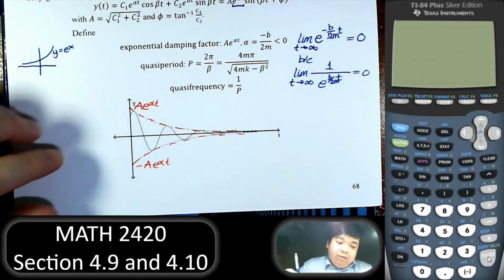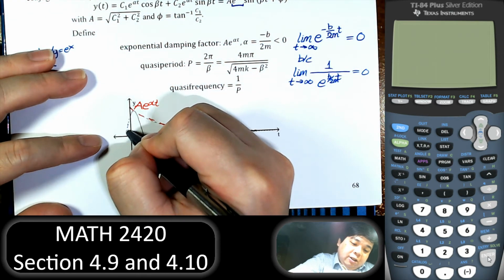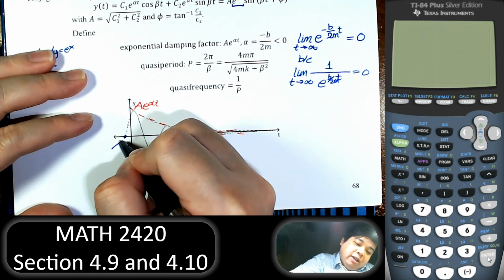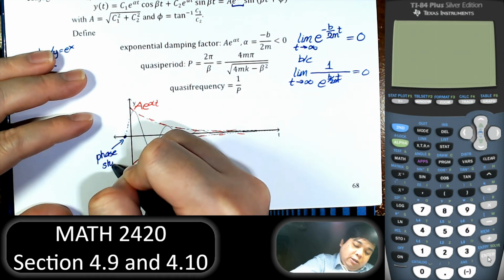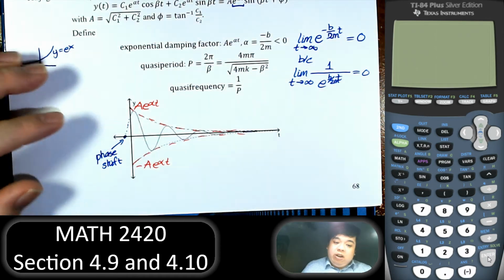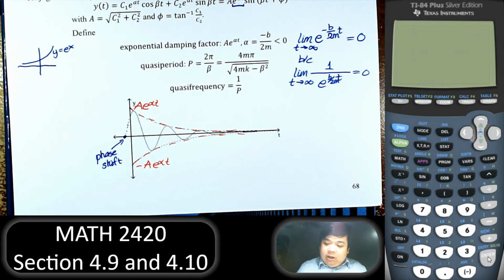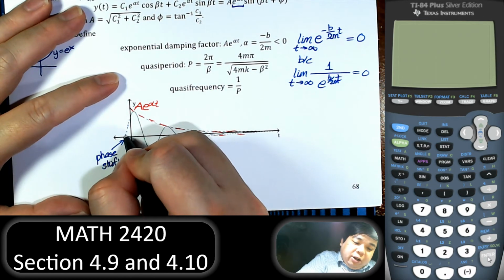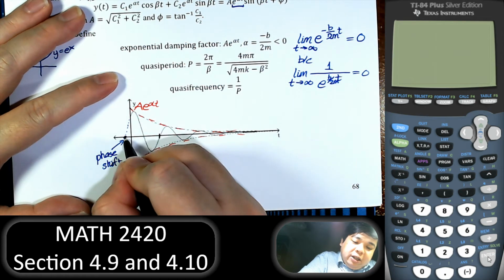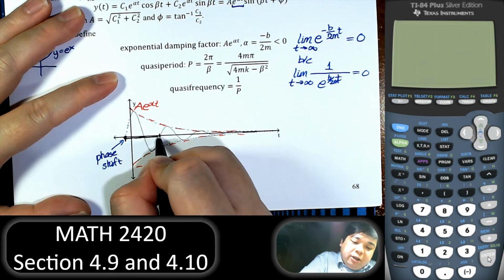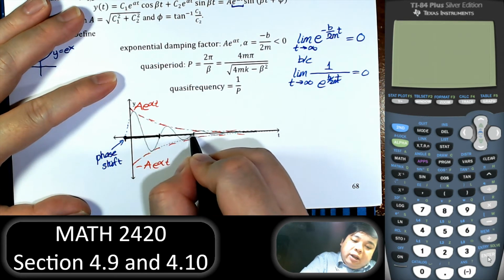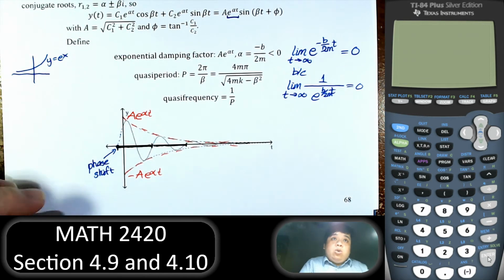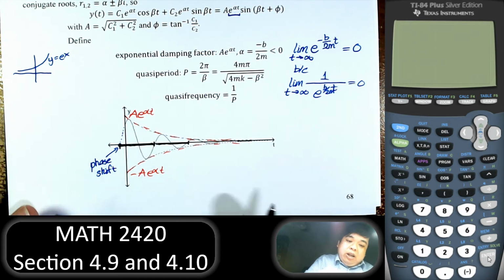And we still have the phase shift here. The period is a little bit different. The period, we can go from here to here. So that is a period. And here to there, that is also a period. So actually those will be the same. Those will be constant.